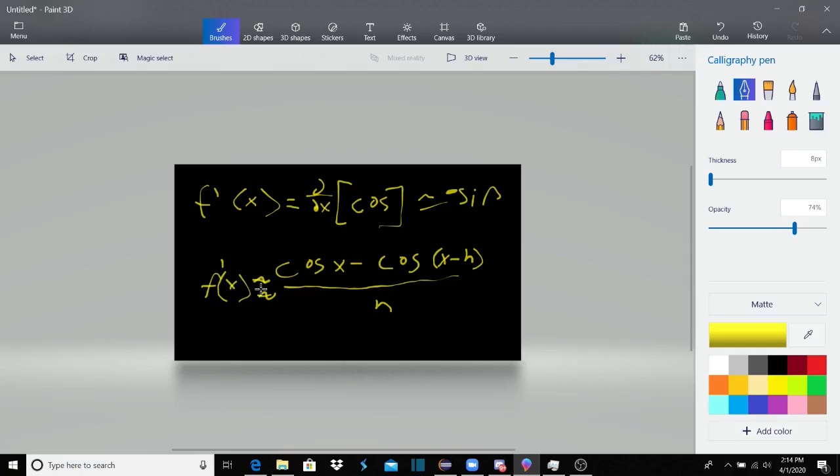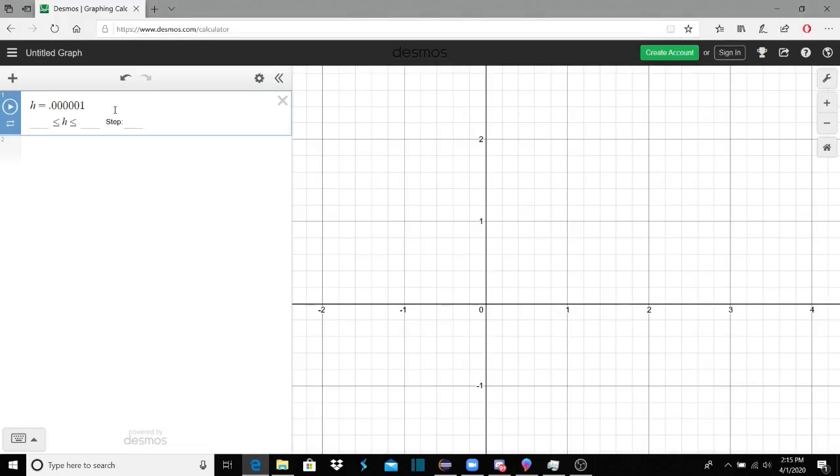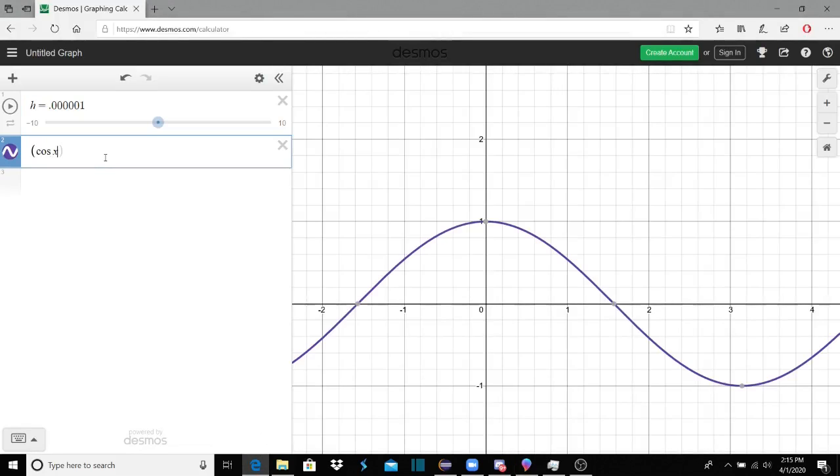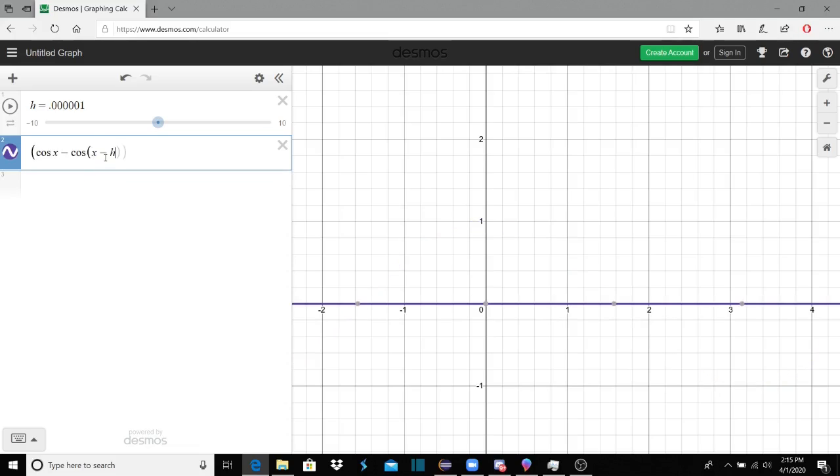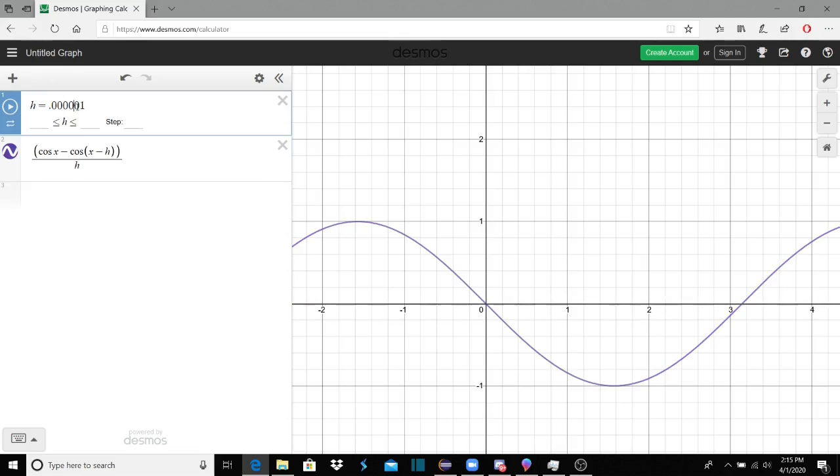Alright, let's do it. I'm going to make h equal to 0.1 again. I know I could have just replaced the sine with cosine, but whatever. Minus h over h, and I'm going to make it 0.1 for now to prove the point again.